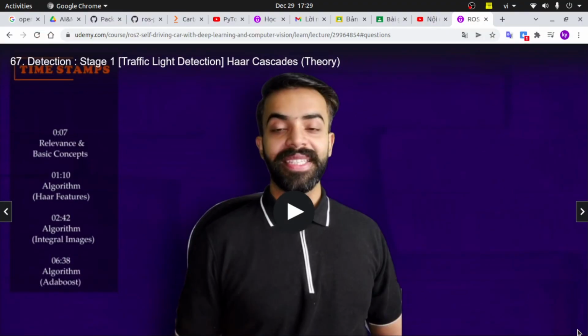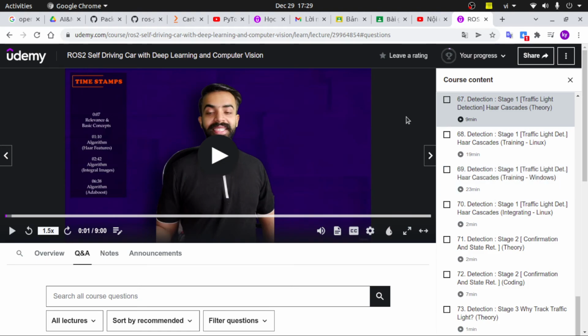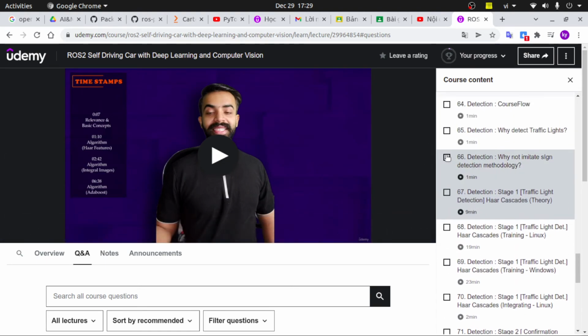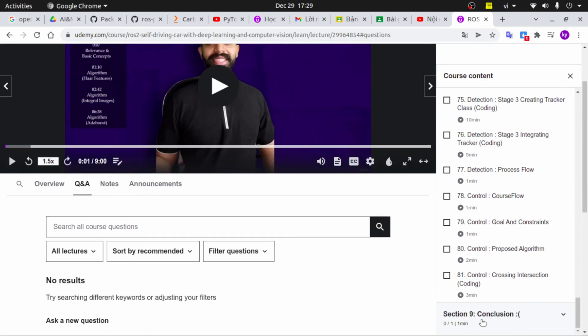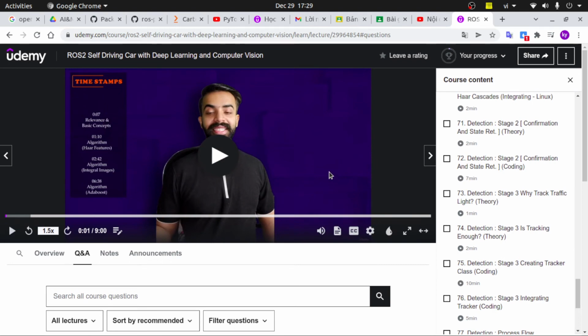Haar cascade is an object detection algorithm that has both high accuracy and low computation cost.